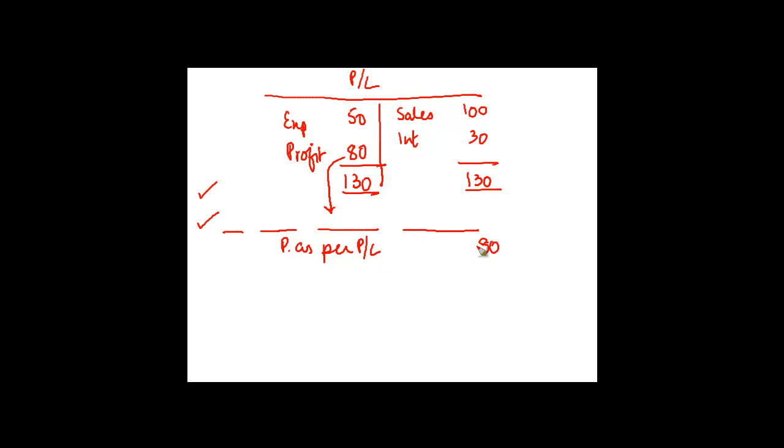But this 80 rupees also includes this interest income. Interest, as you will learn further, or may already know, is taxable under the head income from other sources. So there is an income included here, reflecting in your profit as per profit and loss account, which is not chargeable under the head profits and gains of business and profession. So you have to exclude this. And how do you exclude it? You exclude it by reducing it.